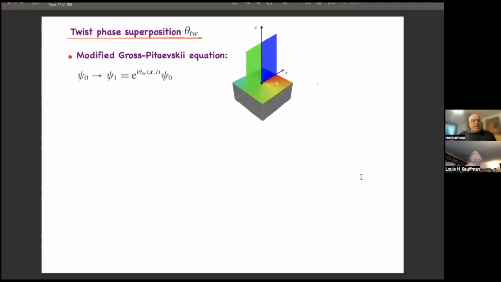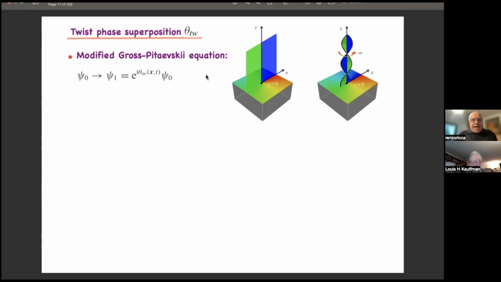Now, in terms of defects, this is an extremely interesting case. So I studied this case with analysis, and this was done in collaboration with my former PhD student, Matteo Foresti, and we took the standard Gross-Pitaevskii equation, and we modified the background wave function, including the twist effect through this factor.